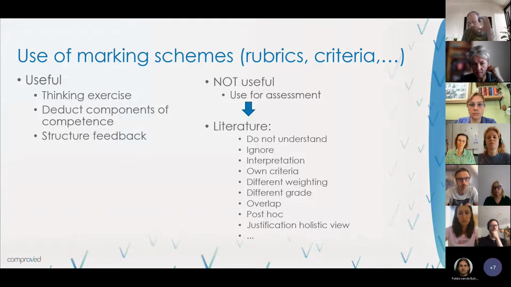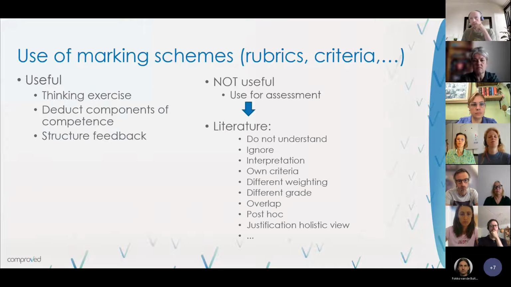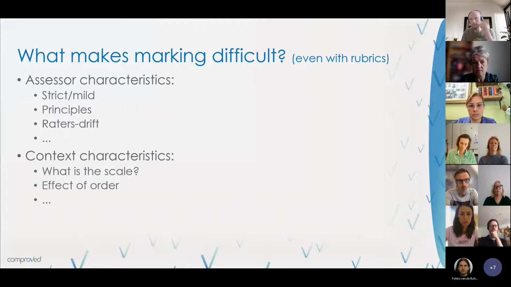These findings in the literature were the starting point for our research project, DPAC. That's also because we found that grading or marking was difficult. You have different characteristics in assessors.